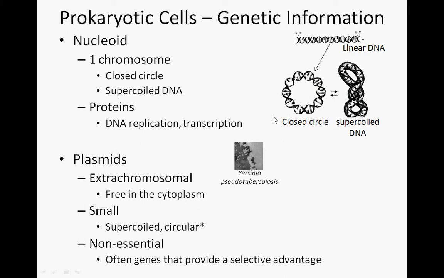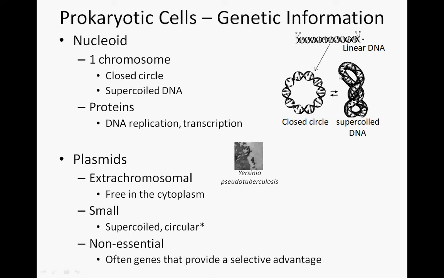Chromosomal DNA in a bacterial cell is not laid out like this. It's in a state called supercoiled DNA, and that basically means that this closed circle is twisted up, coiled up, and folded in on itself in several layers so that it can physically fit inside a bacterial cell.